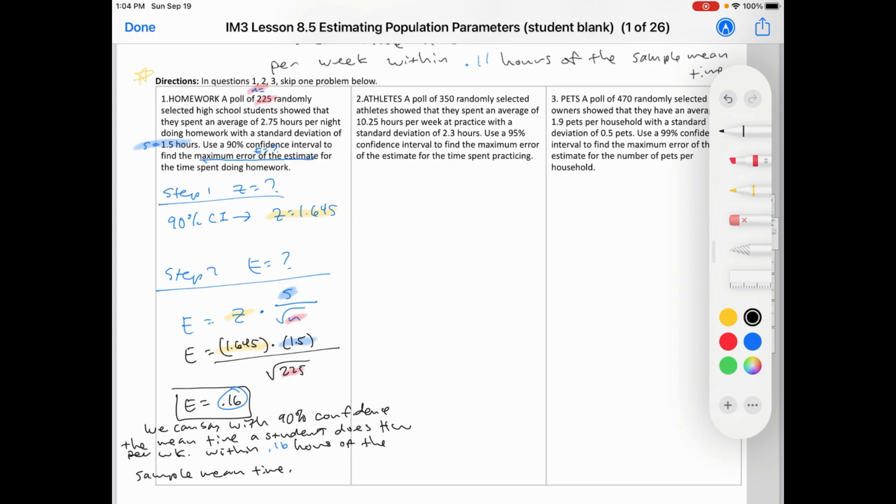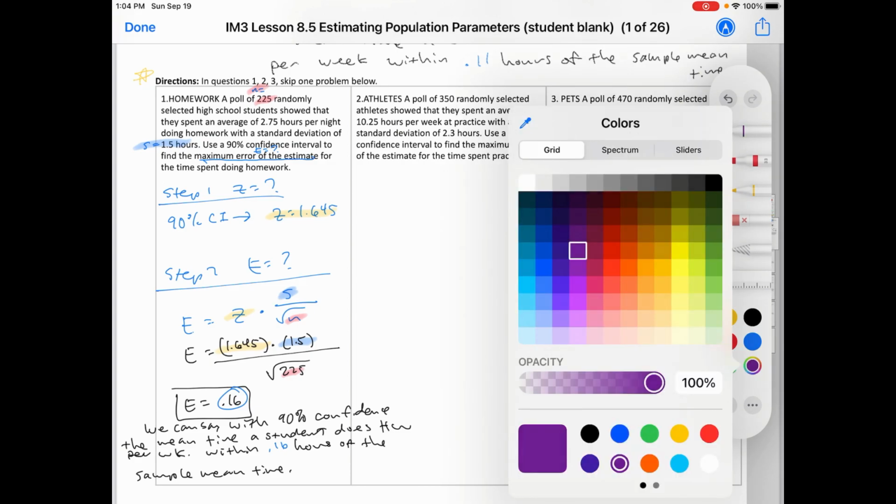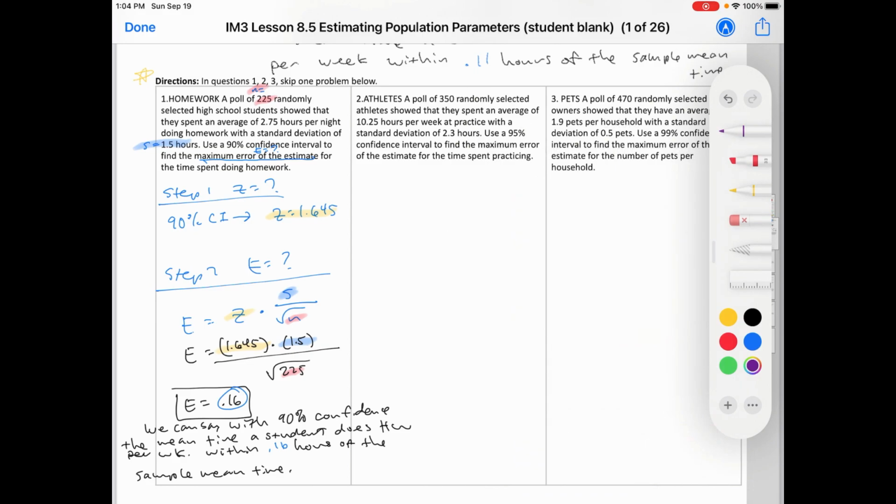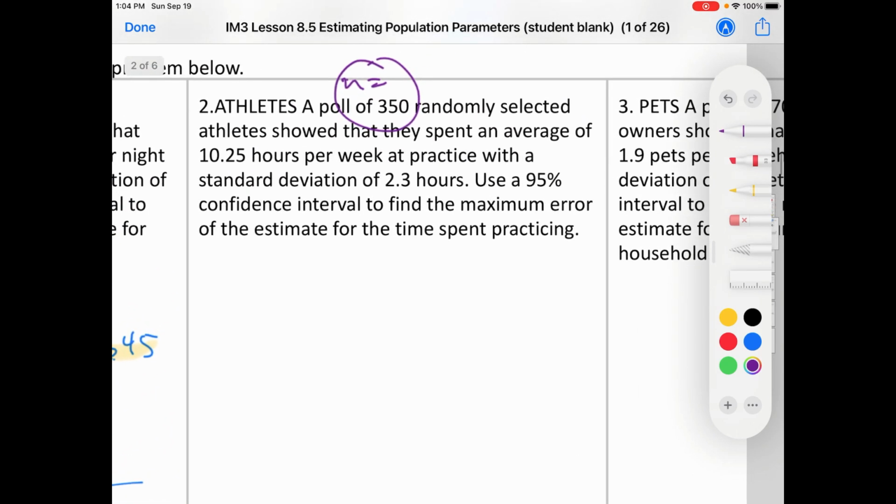All right, let's try number 2. Number 2 here is telling us athletes, a pool of 350 randomly selected athletes, so there's my n value, 350, show that they spend an average of 10.25 hours a week. So the mean here, the average, I don't need.